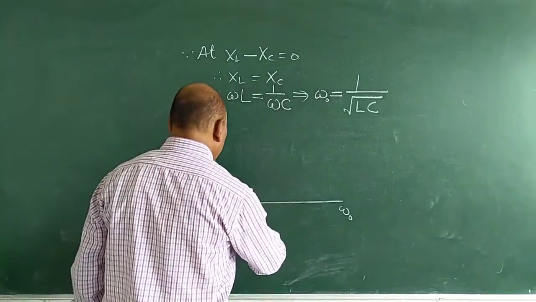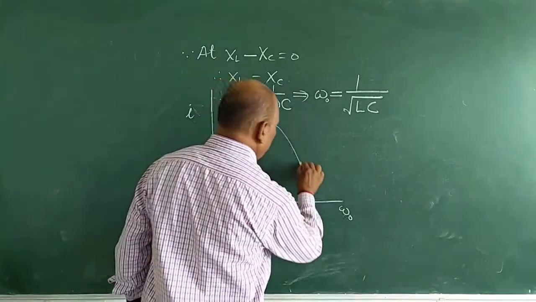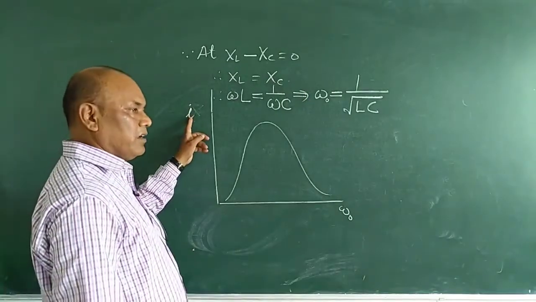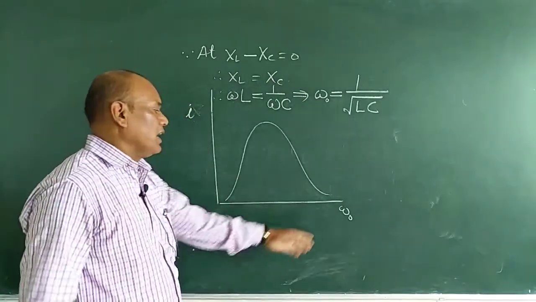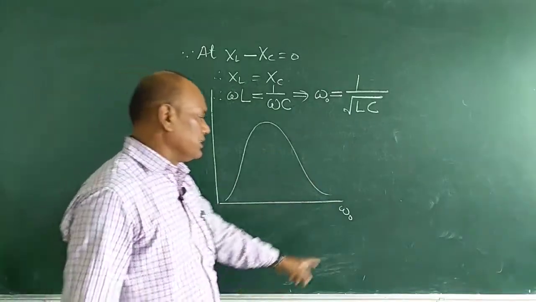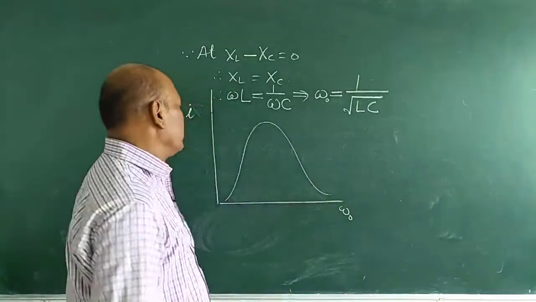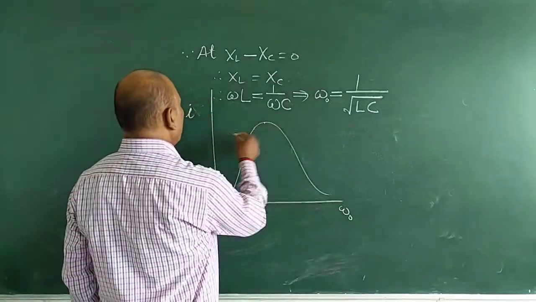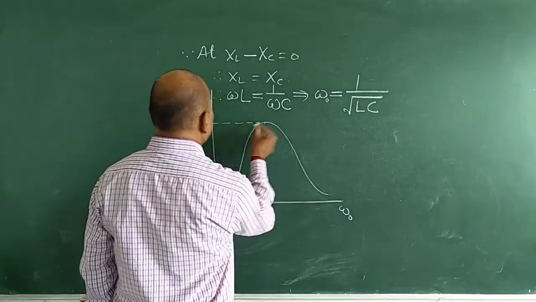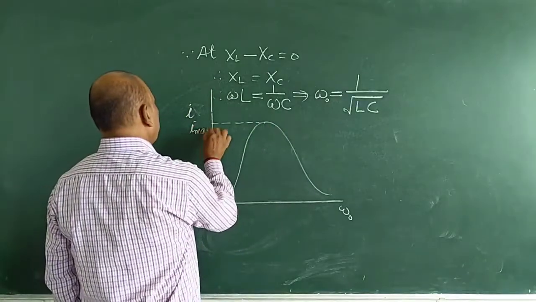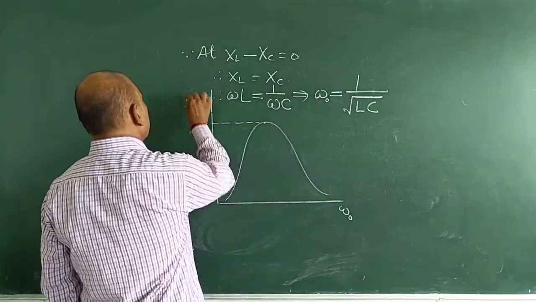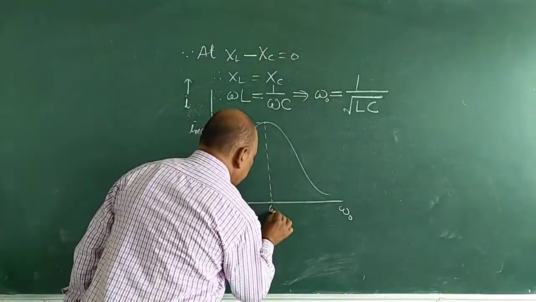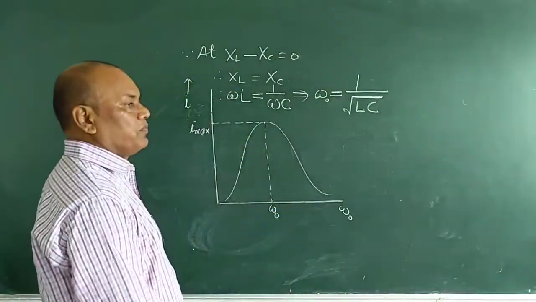This means the curve will follow like this. The relation between current and frequency, we obtain such type of curve. Here the value of current becomes maximum, I max, and here it is omega 0.